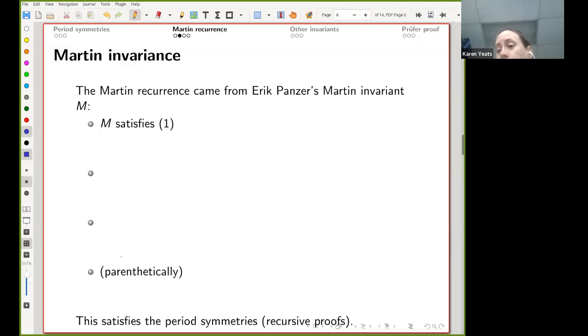So I'm going to define it here recursively, and then we'll see a non-recursive definition on the next slide. So it's going to satisfy the recurrence. So the only thing I need to give you now are some base cases. One of them is going to be that if the graph has a loop, and here's some more graph, then it's 0. And that's convenient because if you're in this period context, if you have that, then your graph wasn't internally 6-edge connected, and you should get a 0.